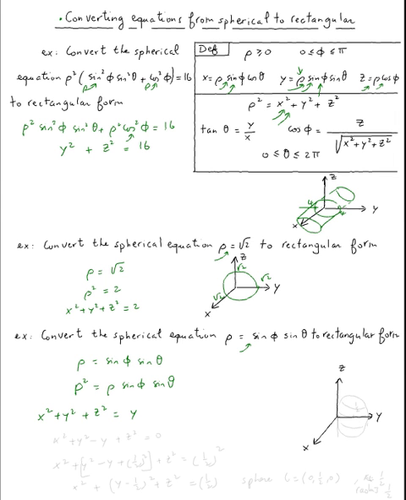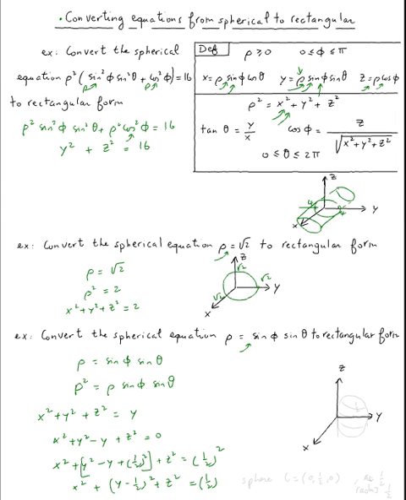So that's the equation, but if you want to graph it, this will be x squared plus y squared minus y plus z squared equals 0. Complete the square. So add 1/2 squared. Now this will be x squared plus y minus 1/2 squared plus z squared.